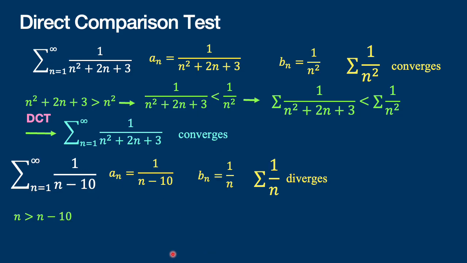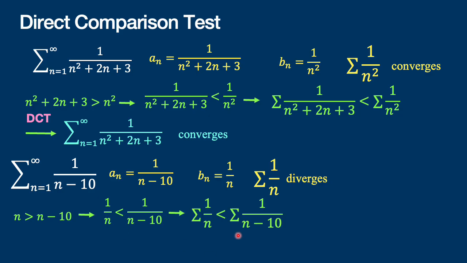Okay? So look at this one. n is bigger than n minus 1. You subtract 10 from the n. Of course, n is bigger. Taking the reciprocal, 1 over n is less than 1 over n minus 10. Now this series, summation 1 over n and summation 1 over n minus 1, still the right side is bigger.